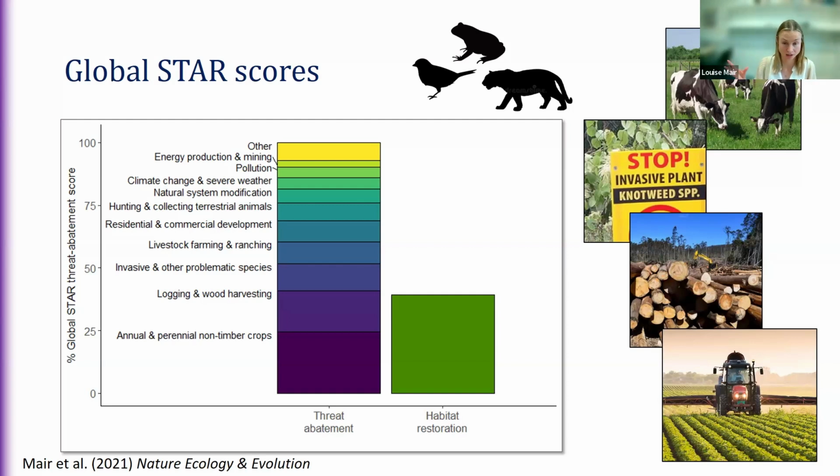Then another dimension of agriculture, we've got livestock, urban expansion, hunting, climate change, pollution, etc. What's really nice about this is that the major threats identified by STAR closely reflect the big 5 drivers identified through the IPBES report. So we've got agriculture, we've got land use change driven by logging, driven by agriculture, urban expansion, we've got invasive species. So it's a really good reflection of what we know about the major impacts on biodiversity.